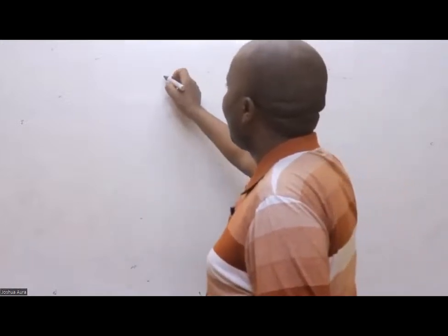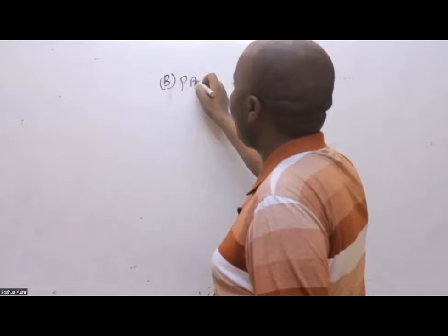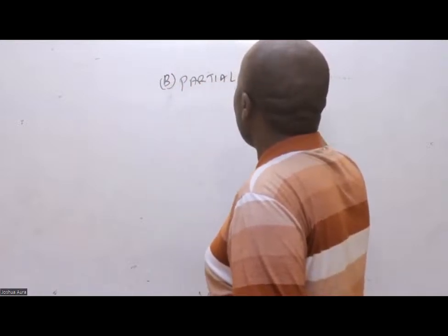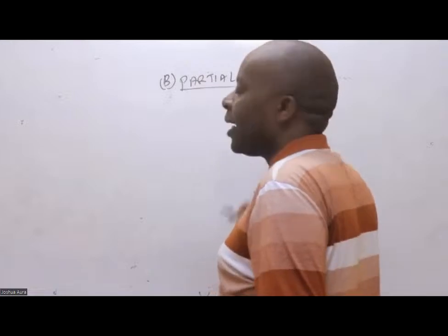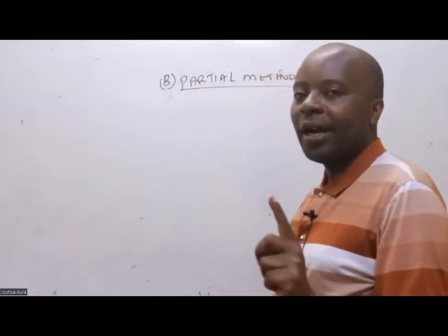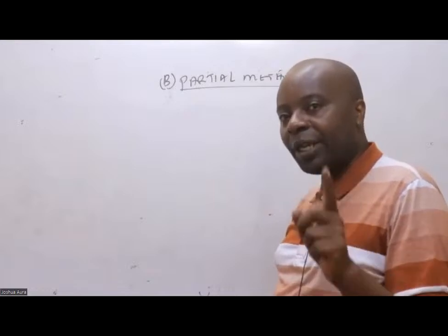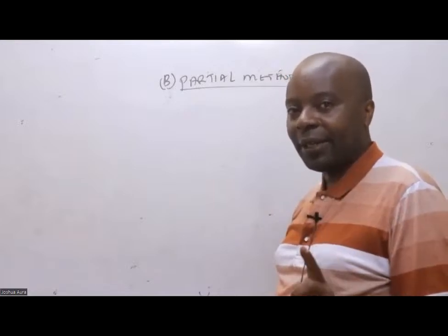So under the partial method of calculating Goodwill, basically here we consider one consideration, which was paid by who? The parent company.